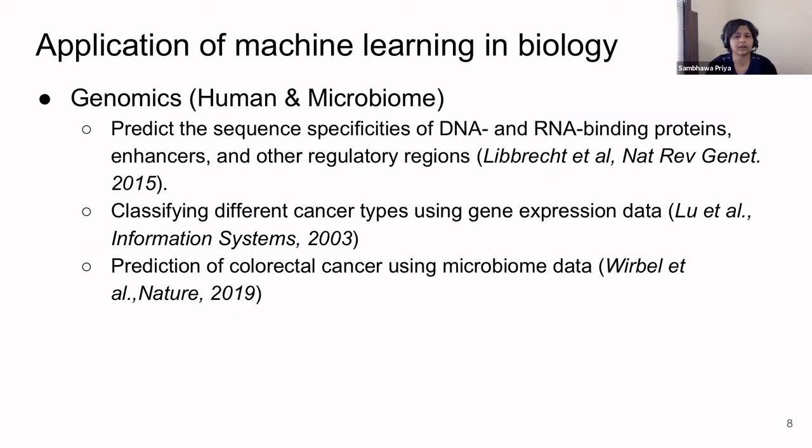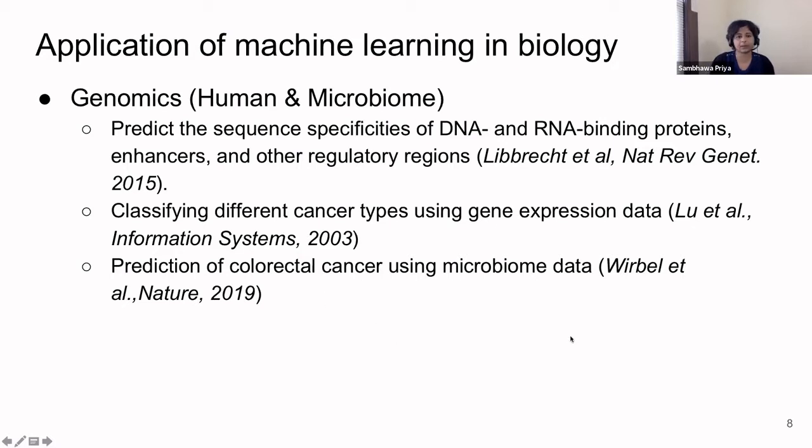So using machine learning to predict the sequence specificities of DNA and RNA binding proteins, enhancers, and regulatory regions, then classifying different cancer types using gene expression data, or predicting the incidence of colorectal cancer using microbiome data. Those are just some examples.